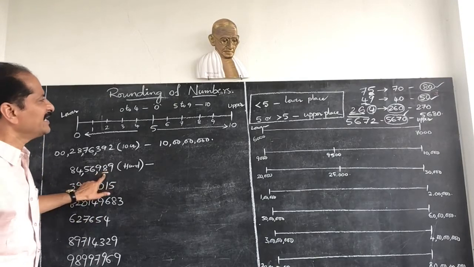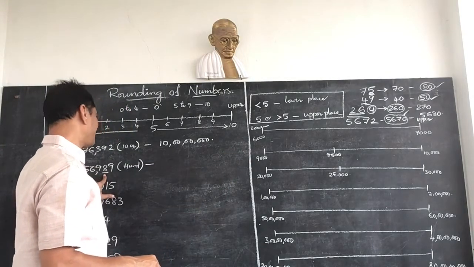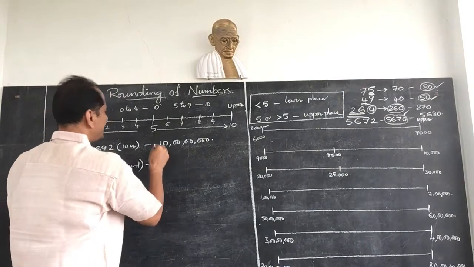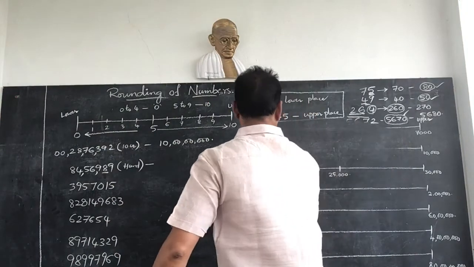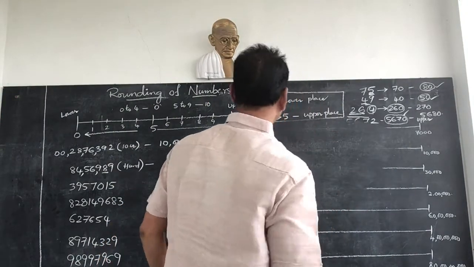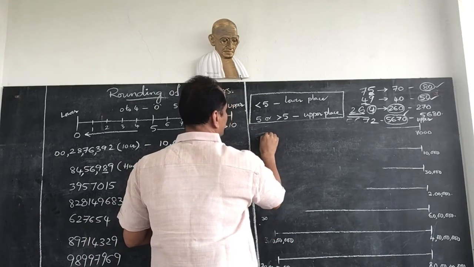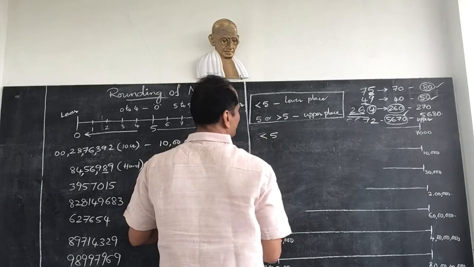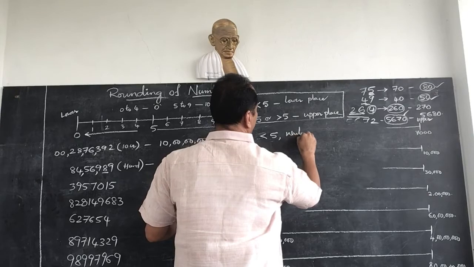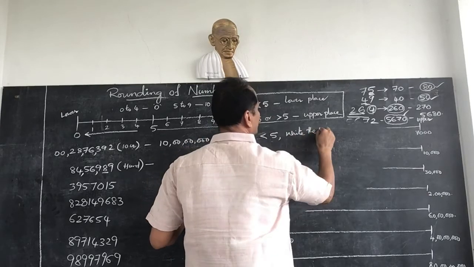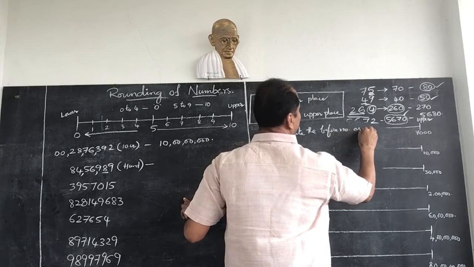Digit in tens place is 8. See about 8, if it is 5 or more than 5. Observe carefully here. If it is less than 5, write the before number as it is.